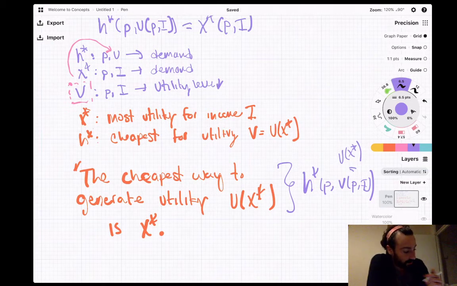Now, what is the idea behind this? Imagine there was a cheaper way to generate the utility U of X star.